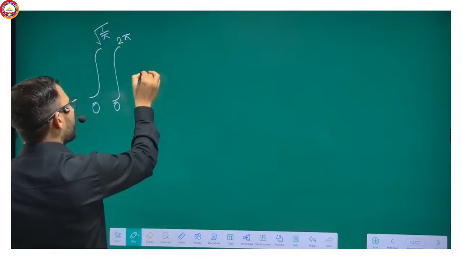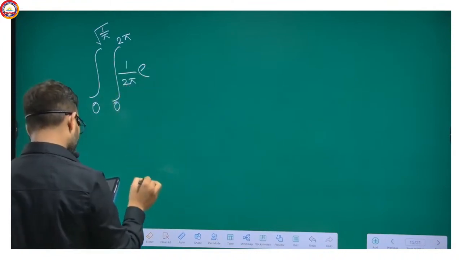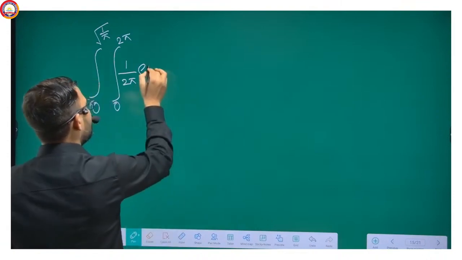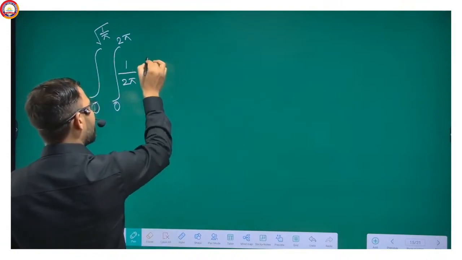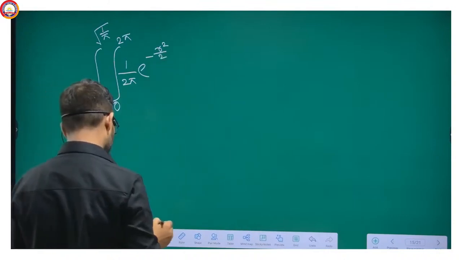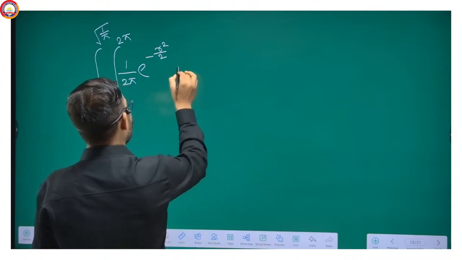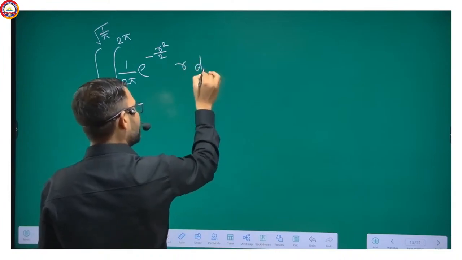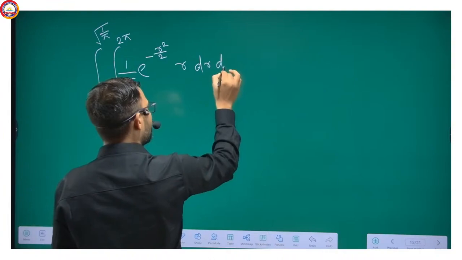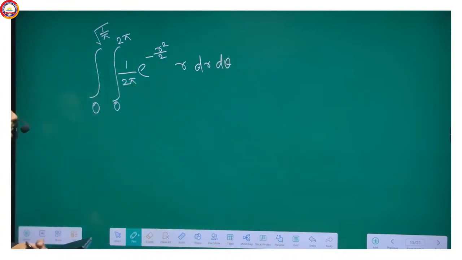Now the 1 by 2 pi will stay as 1 by 2 pi; I will not change that. And e to the power minus (x squared plus y squared) by 2 will become e to the power minus r squared by 2. Getting my point? And then it will be r dr d theta, because dx dy will become dr d theta, but it will be with r.